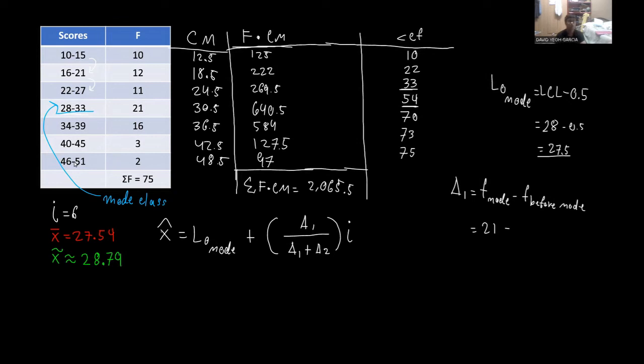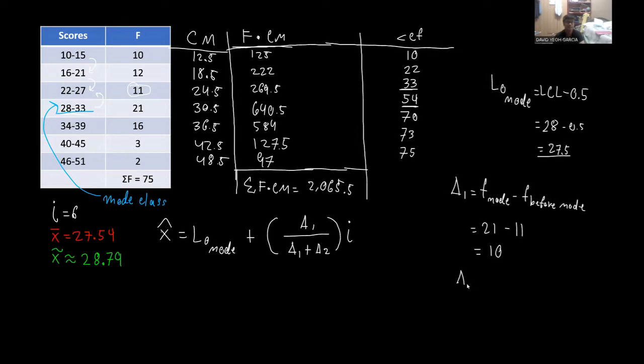Therefore, if I have 28 to 33, then what comes before it is the 22 to 27 interval. So the frequency before the mode class is the frequency of the 22 to 27 interval, which is 11. So we subtract: 21 minus 11 is simply 10.